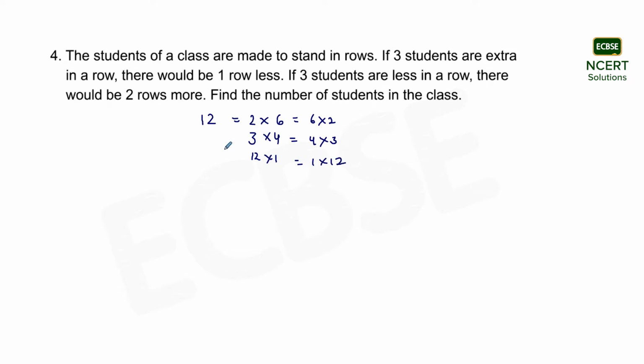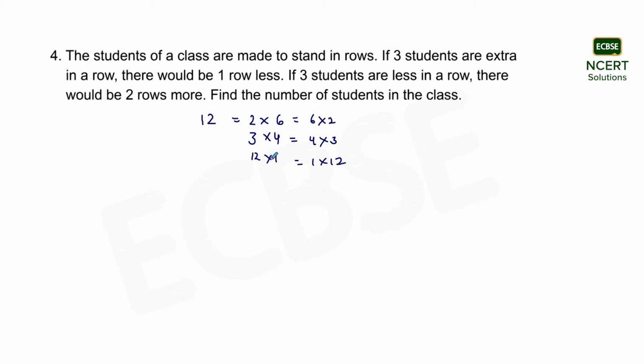Means to arrange the 12 students, there were 3 possibilities. What were those? 2 into 6 means 2 rows 6 columns, 3 rows 4 columns, or 12 rows 1 column.